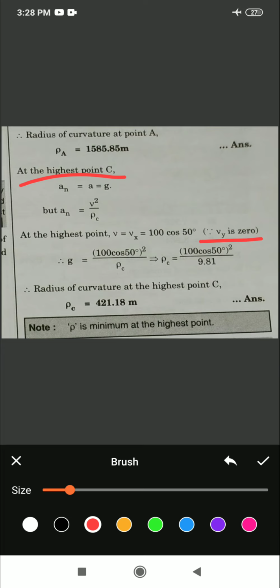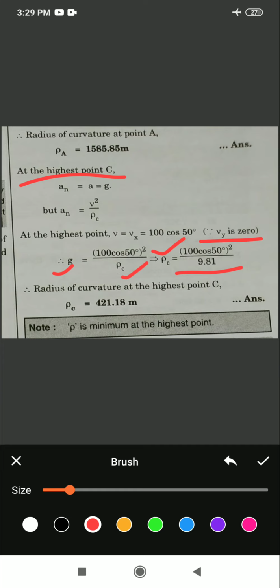Now v is 100 cos 50 whole square upon radius of curvature at point C equals an. An in this condition is g. By substituting all these values in the equation, we get rho C, the radius of curvature at point C, equals 100 cos 50 whole square upon 9.81.